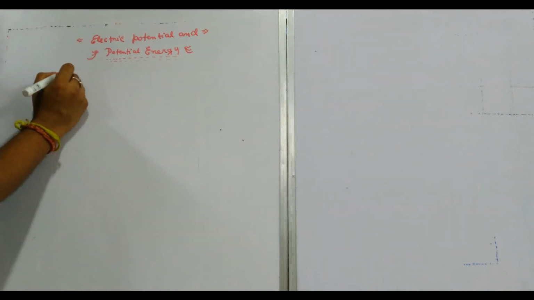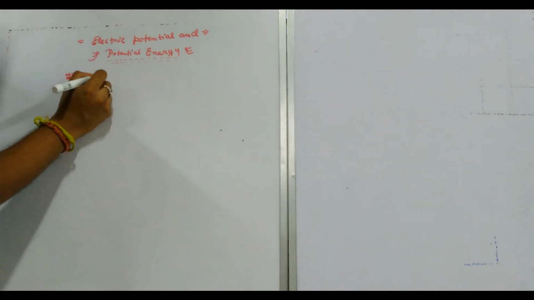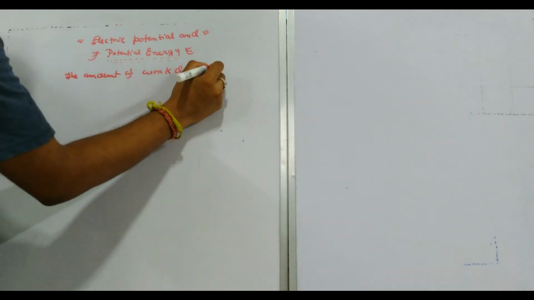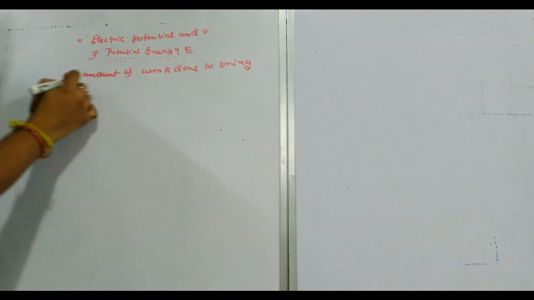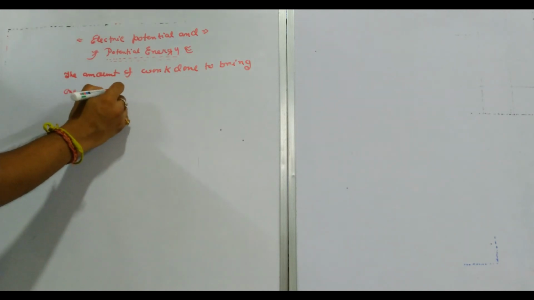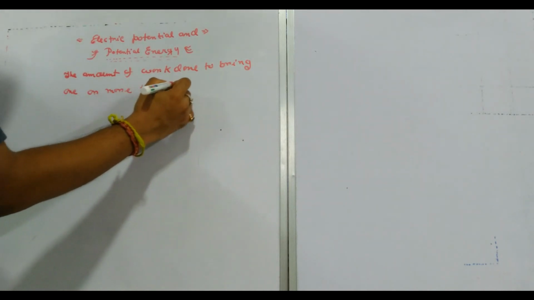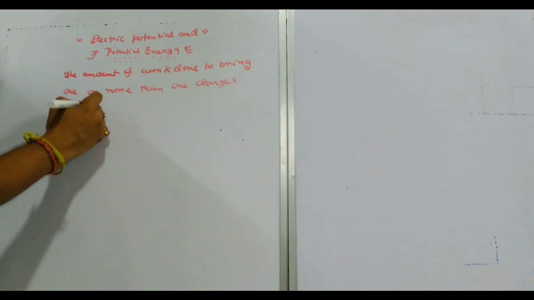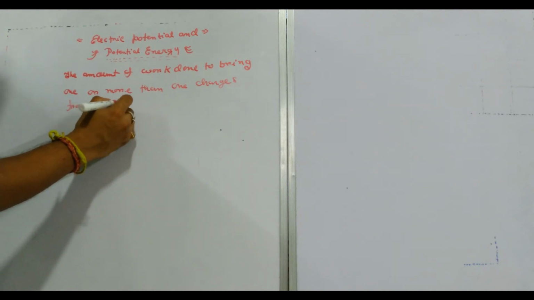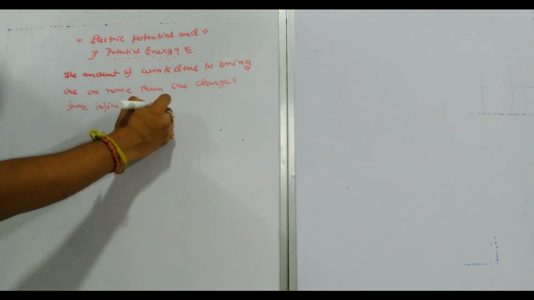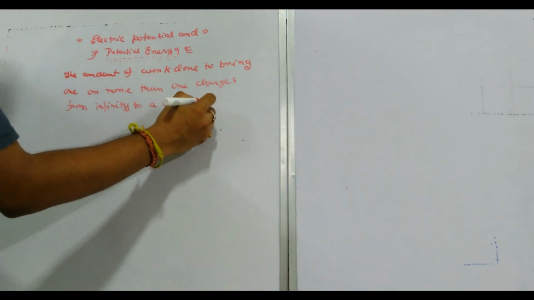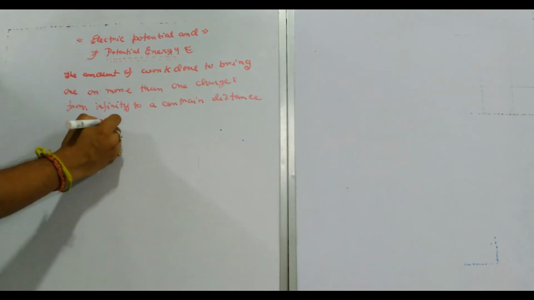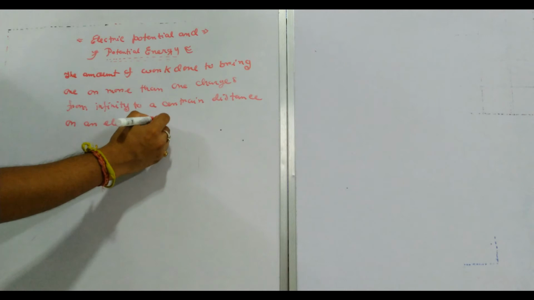So electric potential energy is the amount of work done to bring one or more than one charges from infinity to a certain distance on an electric field.